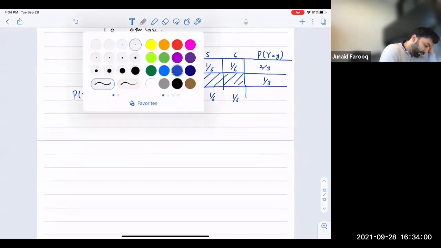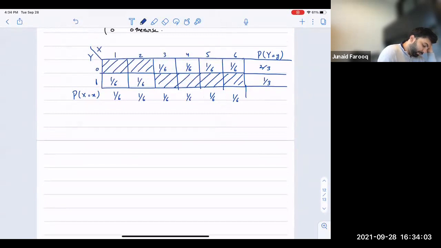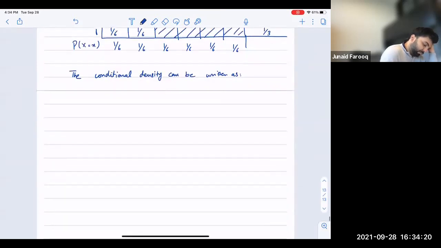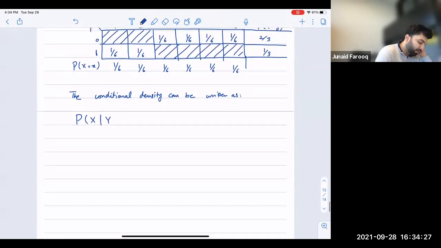It has to be the probability of X given Y. Remember, X given Y is a random variable itself.